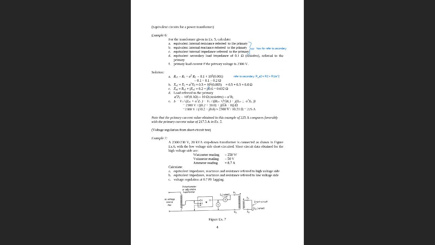Here, given 0.1 ohms loading at the secondary and transformation ratio 10, when referred to primary it becomes 10 ohms. Similarly, if you have an impedance at the high voltage side and refer it to the low voltage side, the impedance will become smaller.